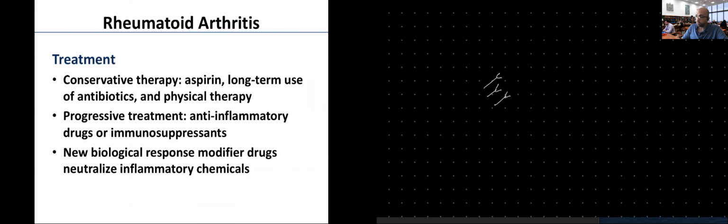All right. With rheumatoid arthritis, we have two lines of management. We have a line that we're going to be keeping all the time. We're going to be using aspirin. We're going to be using antibiotics. Why do we use antibiotics? To prevent any bacterial infection. But it's not an infection for us to use antibiotics as a treatment.